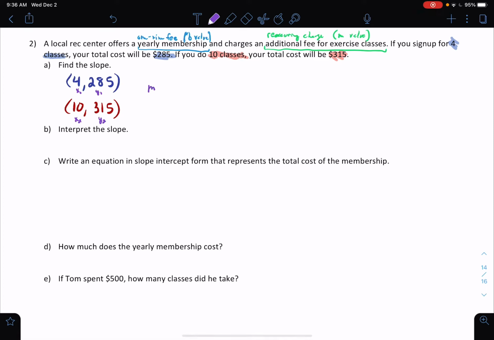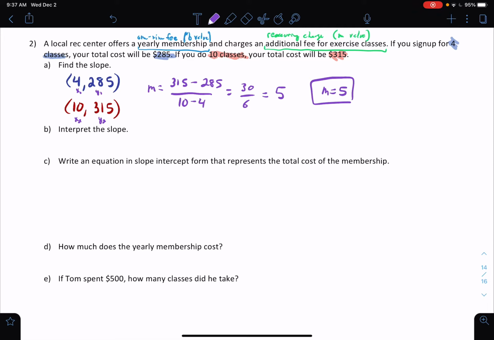So my slope is going to be 315 minus 285 all over 10 minus 4. So 315 minus 285, that's going to give me 30. 10 minus 4 is 6. So M equals 5. My slope is 5.